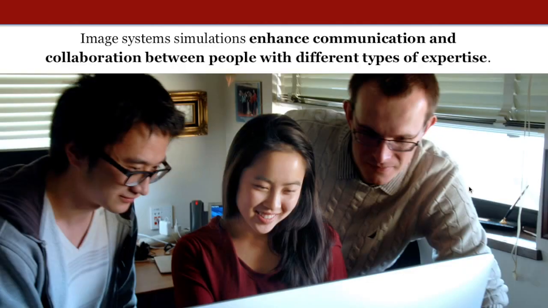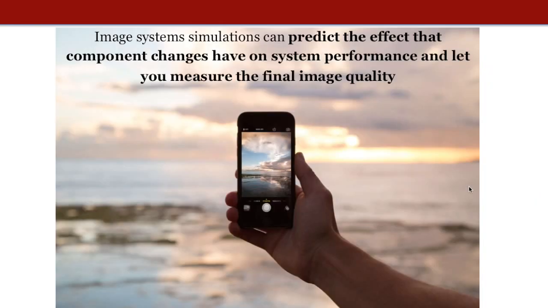So just to summarize, we really think that the value of this software is to enhance collaboration between people with different expertise, and to help them have a common language. It's a mix of the language of physics, with all the physical units that we've embedded, and software, which everybody coming through the engineering school has to learn to program at this point. The software helps you predict the effects that component changes will have on system performance.